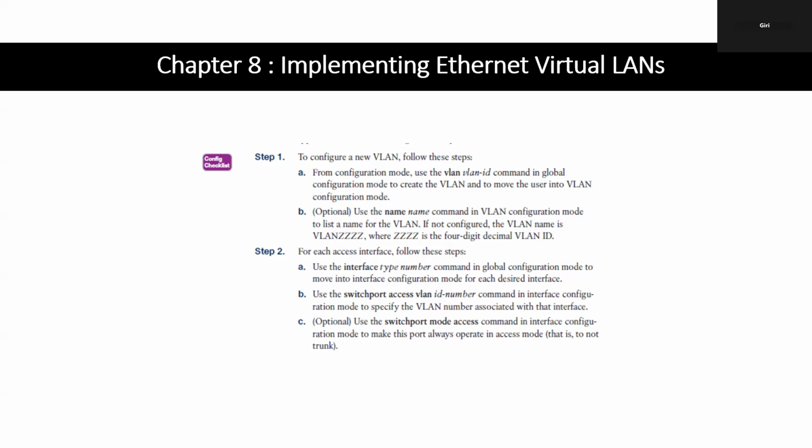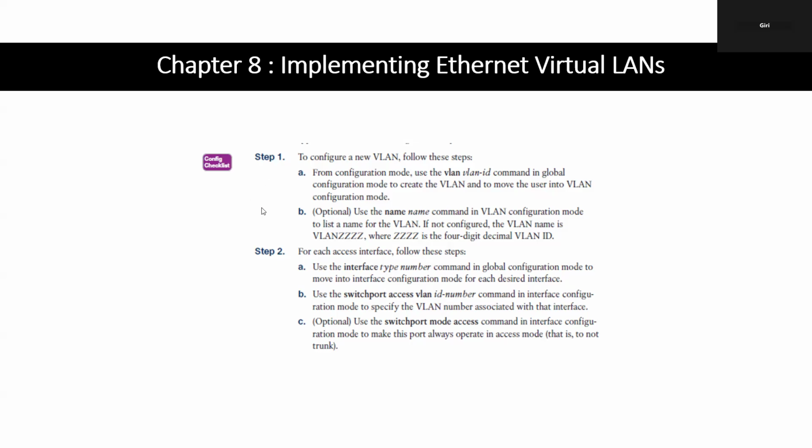In the book, they'll say access interfaces or static access interfaces, but we're going to keep it simple: access ports assigned to the VLAN and/or trunks that support the VLAN. Let's go over the configuration steps to configure a VLAN and add an interface to that VLAN.